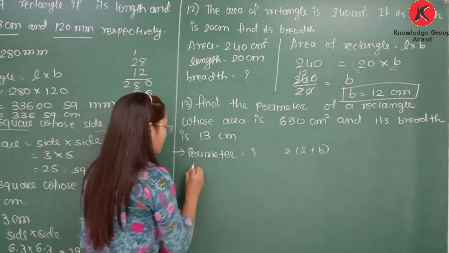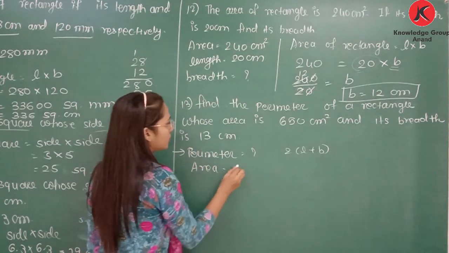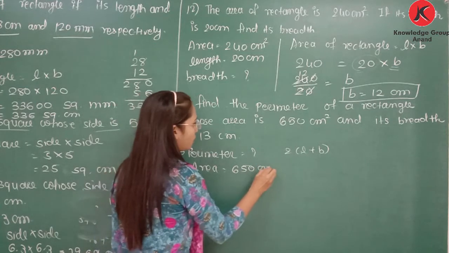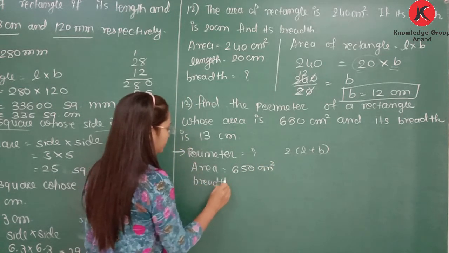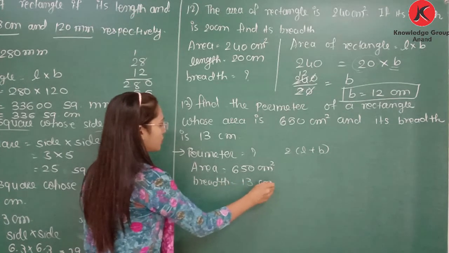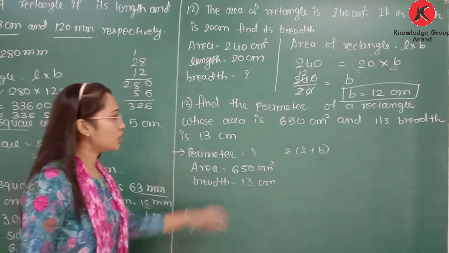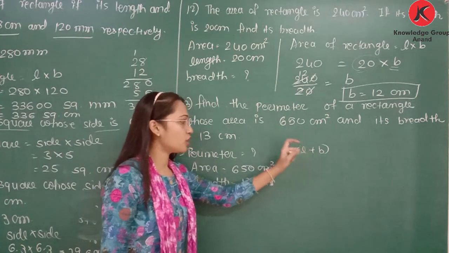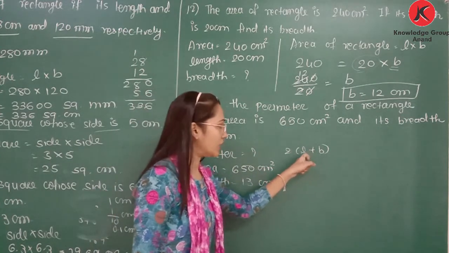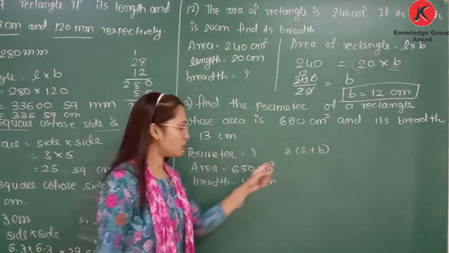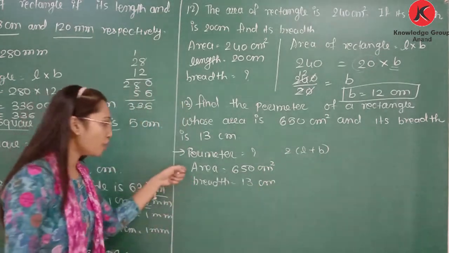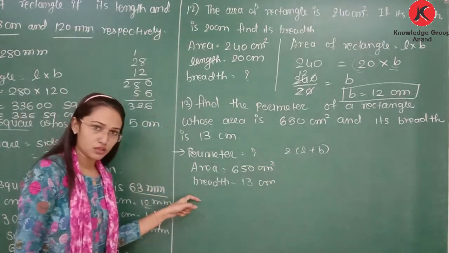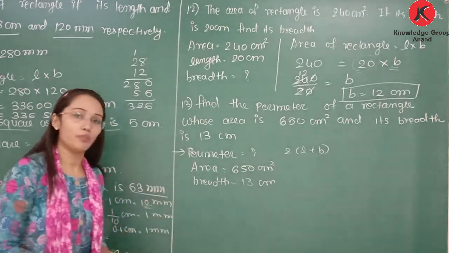Whose area is given 650 centimeters square and breadth is given 13 centimeters. Now in the question we need to find perimeter, for that we need to have length and breadth. But here in the question area and breadth is given, length is not given.